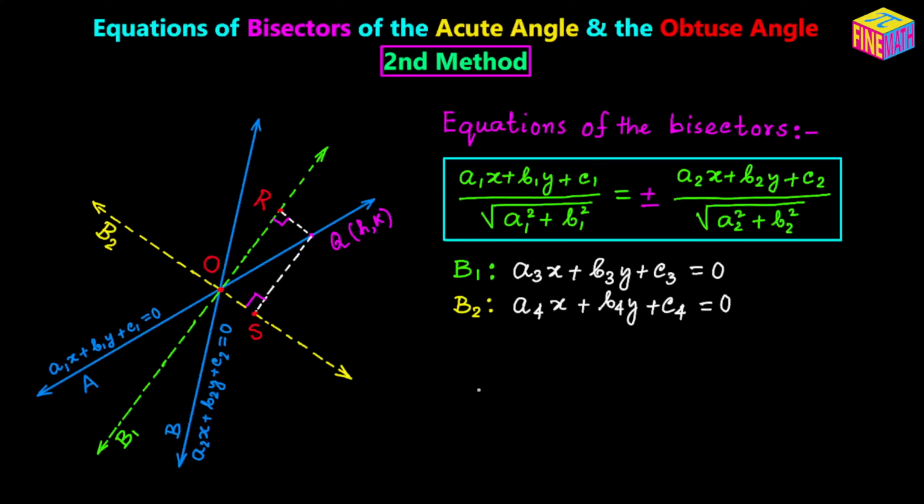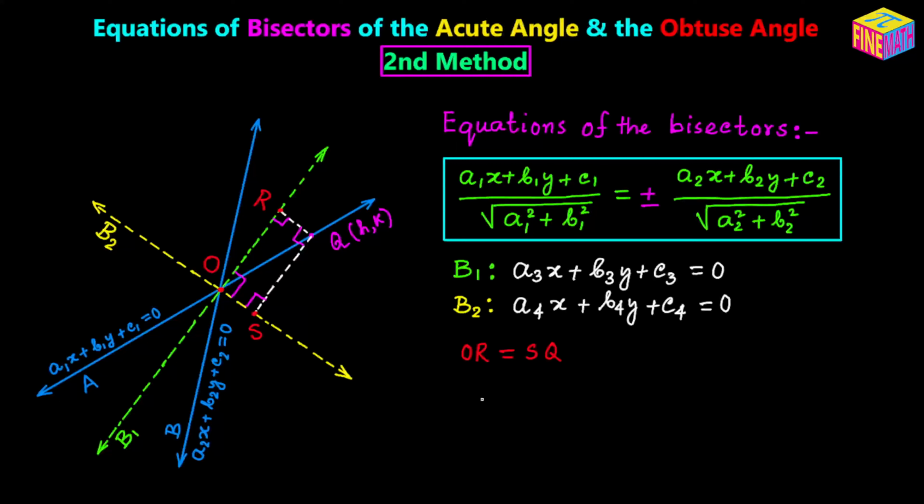And also in a previous video we have proved that the two bisectors are always perpendicular to each other. That means angle ROS will also be a 90-degree angle, and then obviously the remaining angle, which is angle SQR, will also be a 90-degree angle. So then clearly the quadrilateral OSQR is nothing but a rectangle. That means OR will be equal to SQ.